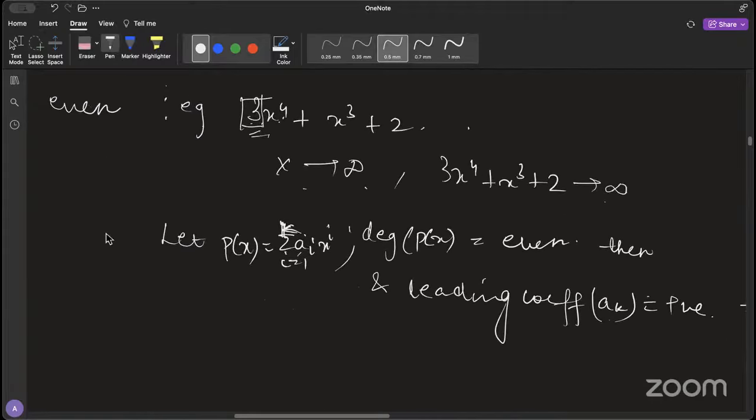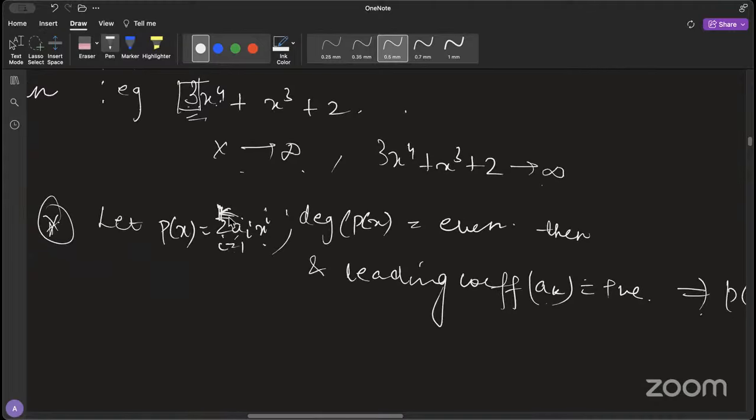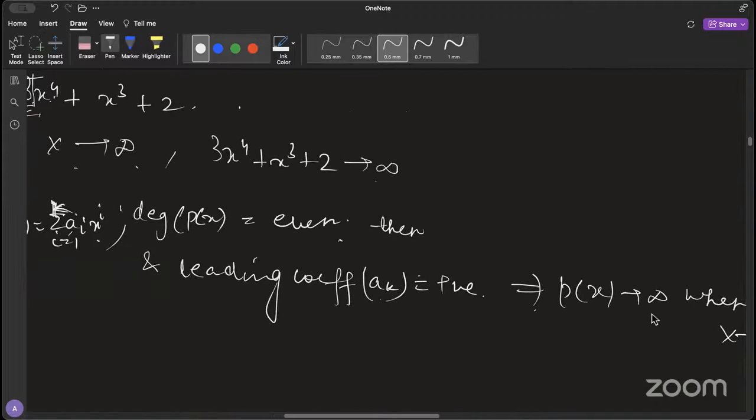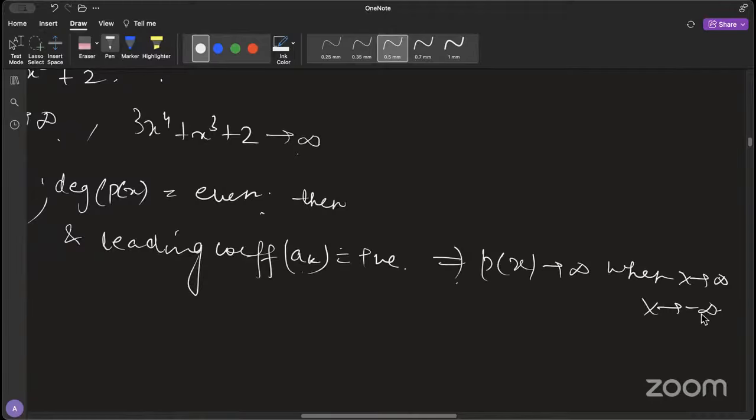So if your px is this, the degree of px is k and it's even, and the leading coefficient is positive, then your px tends to infinity when x tends to infinity and when x tends to minus infinity. So it doesn't matter whether your x goes to infinity here or minus infinity. So your graph will look like this.